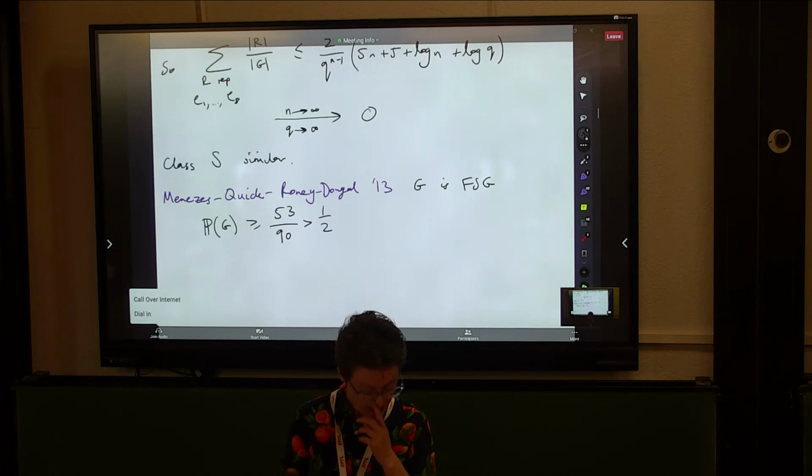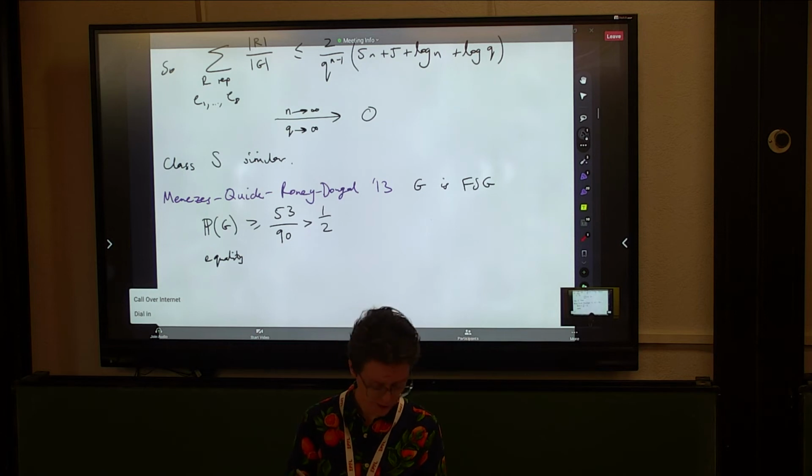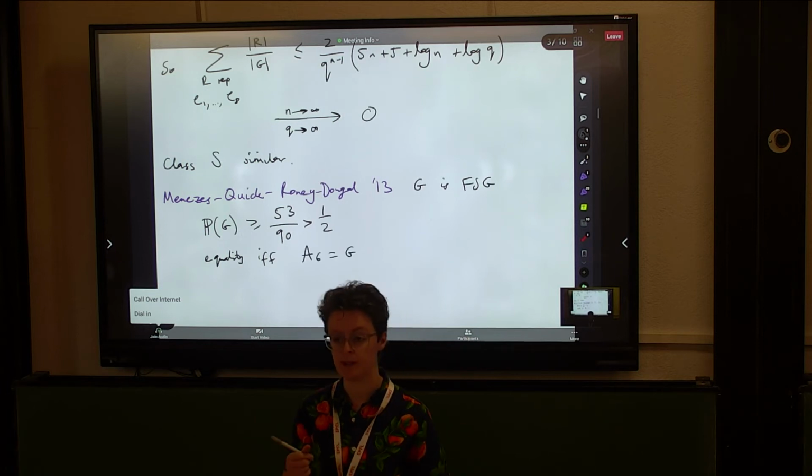So it's pretty good. And I guess we have equality in our first inequality if and only if we're in the case of the alternating group. So the bound is attained.